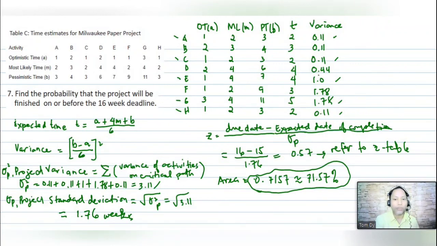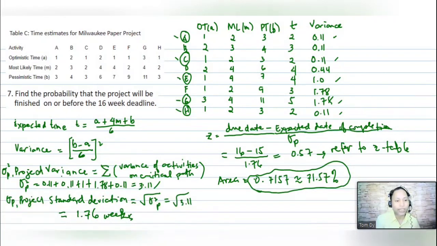Then we compute our project variance, the summation of the variance of activities on the critical path. We have already identified our critical path: A, C, E, G, H. Their variances are 0.11, 0.11, 1, 1.78, and 0.11. Summing them up gives our project variance of 3.11.